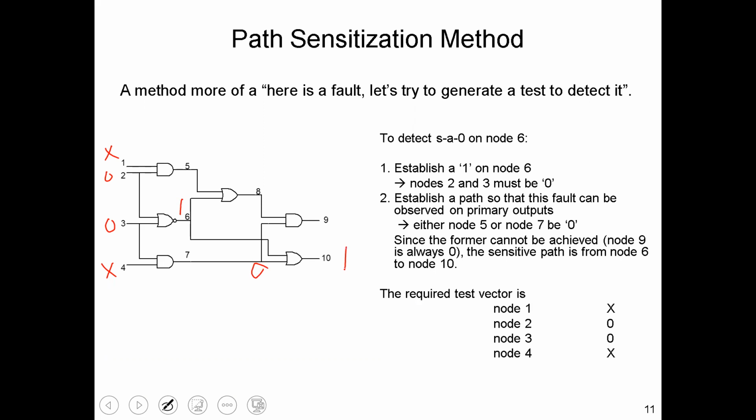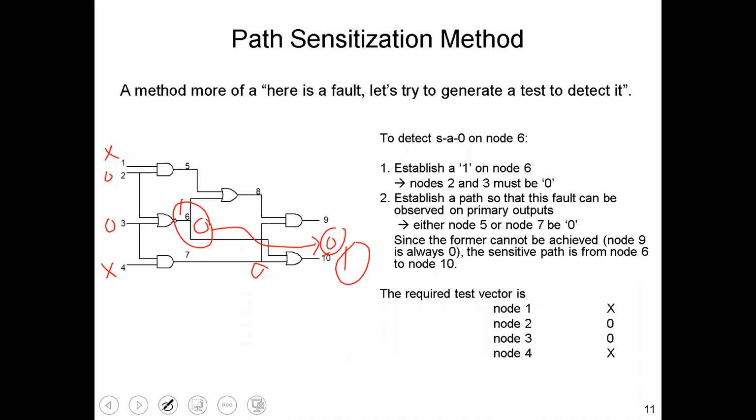But if node 6 has a stuck at 0 fault, this 0 will be passed to node 10. And this difference, if you are expecting a 1 but you detect a 0, then we know that there is a stuck at 0 fault at node 6. So that's the concept.